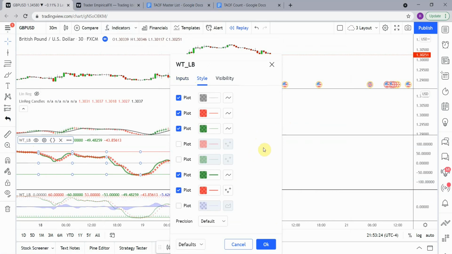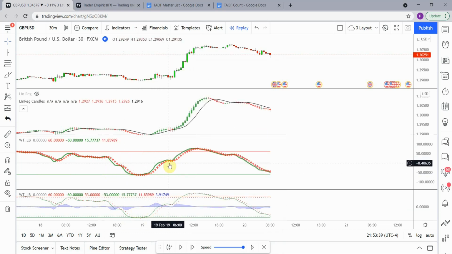Then I went in and I turned off these plots here. I then turned off the plot there that creates the histogram style background, and I bumped up the weight of the main oscillating line and the X's, and that gave me what you see here on screen.